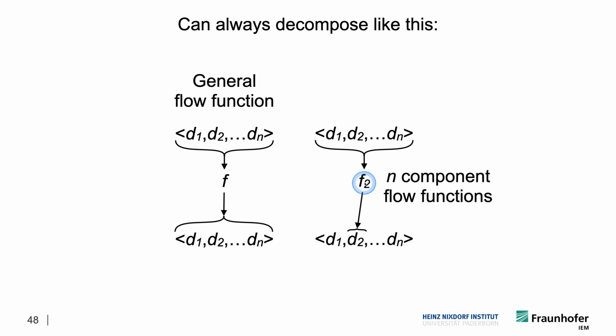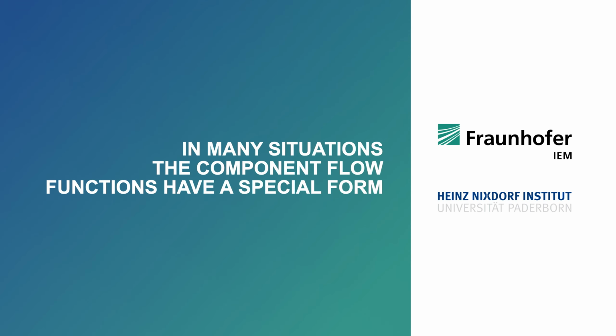But that's the first idea, that we take our flow function f and decompose it into these different component flow functions that compute D1 up to Dn based on all these different inputs, okay? Now the point is that in many situations, you can have component flow functions that have a special form. If they have that special form, we can exploit it for our purpose. And that will make it also usable in this functional approach that we saw earlier.